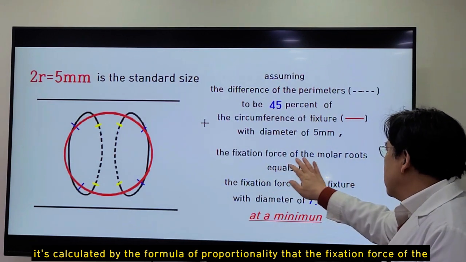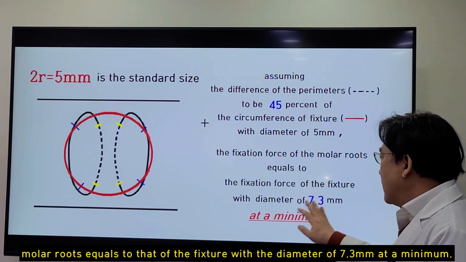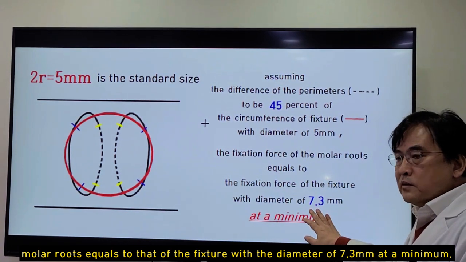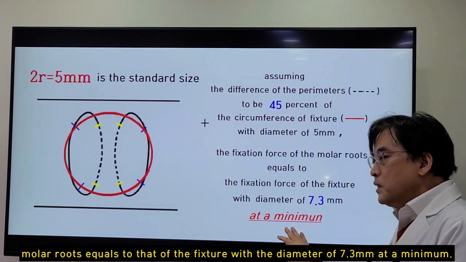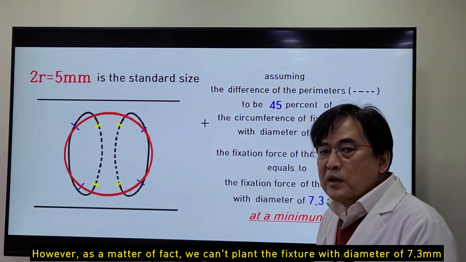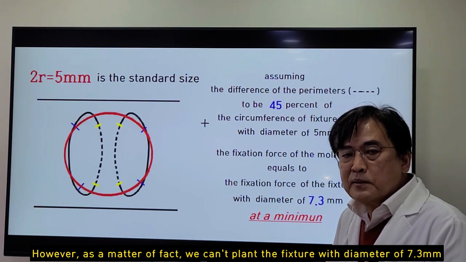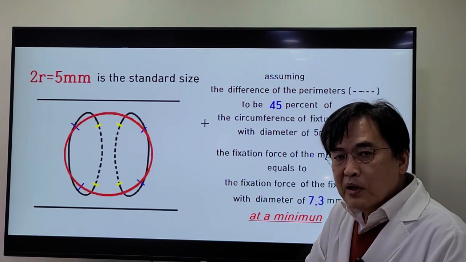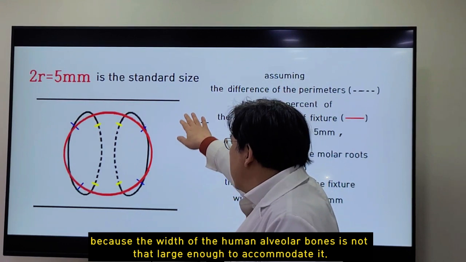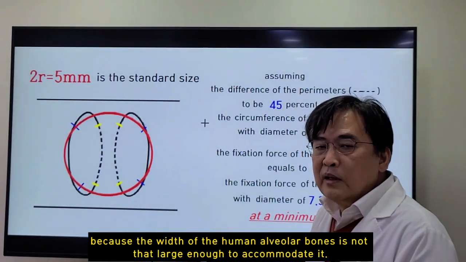The fixation force of molar roots equals that of a fixture with a diameter of 7.3 millimeters at the minimum. However, as a matter of fact, we cannot plan a fixture with a diameter of 7.3 millimeters because the width of human alveolar bone is not large enough to accommodate it.